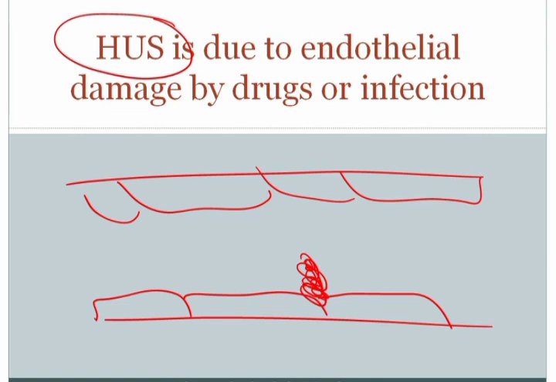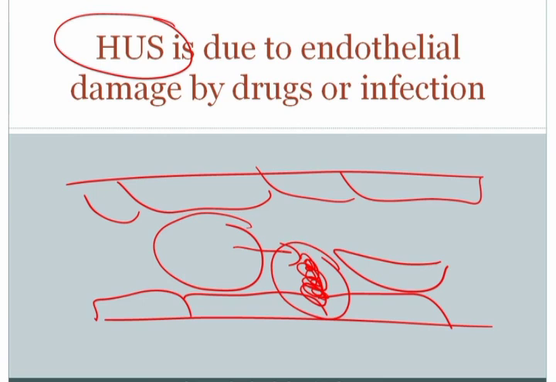Those platelet microthrombi will then result in hemolysis because the red blood cells will get sheared, producing schistocytes, and a thrombocytopenia because the platelets are getting used up. All right, and so this is a classic mechanism by which patients get HUS. Again, in HUS, the key mechanism is E. coli O157:H7, super high yield.